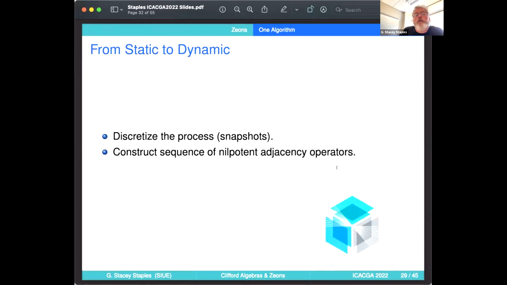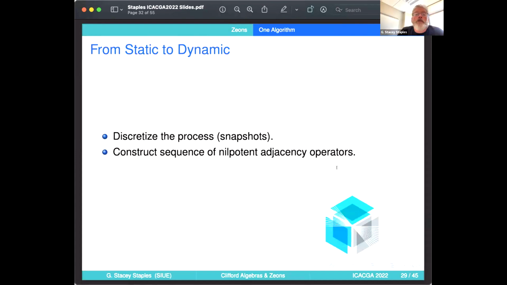Then if I want to move on from the static case where I just have one graph to a dynamic situation, where I've got things moving in space and maybe forming connections based on proximity, like with cell phone towers connecting to phones or mobile communication networks, satellites.